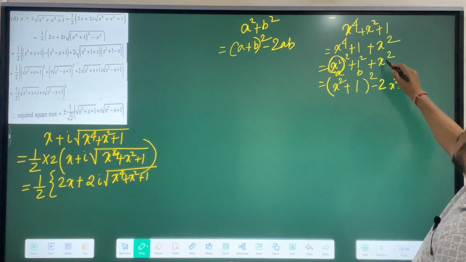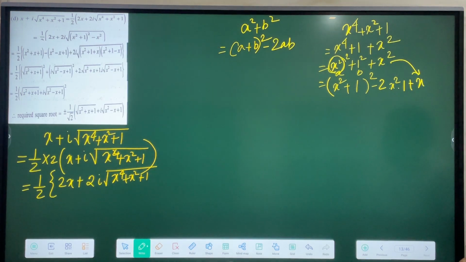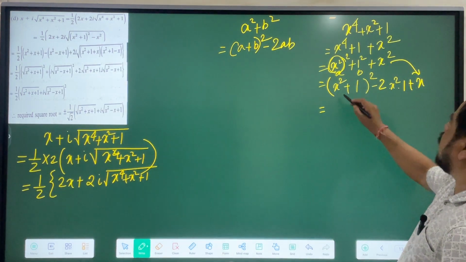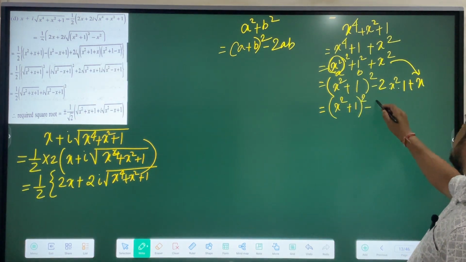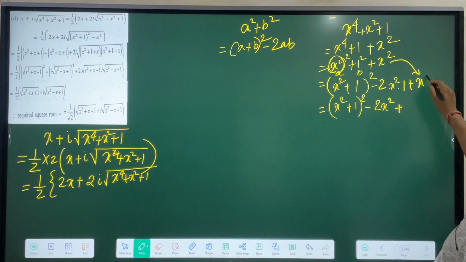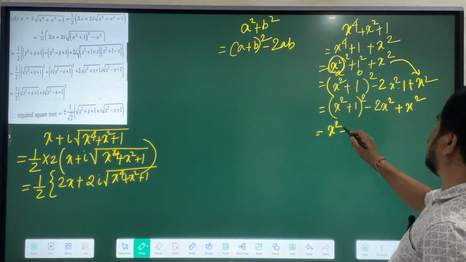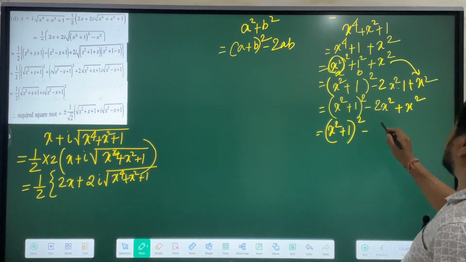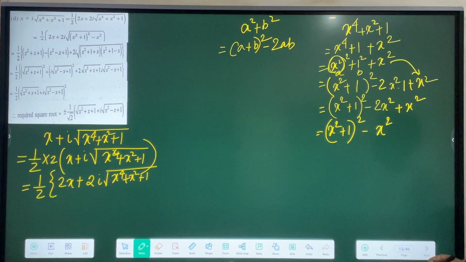What is b? 1. This x square I am keeping as it is. Now (x square plus 1) whole square minus 2x square plus x square, which is (x square plus 1) whole square minus x square.